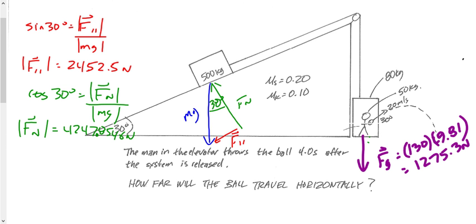How do I know if it moves or not? Yeah, 500 is heavier than the 130, but that doesn't necessarily tell us that it moves. We have an F parallel down the hill here of 2452.5 newtons.